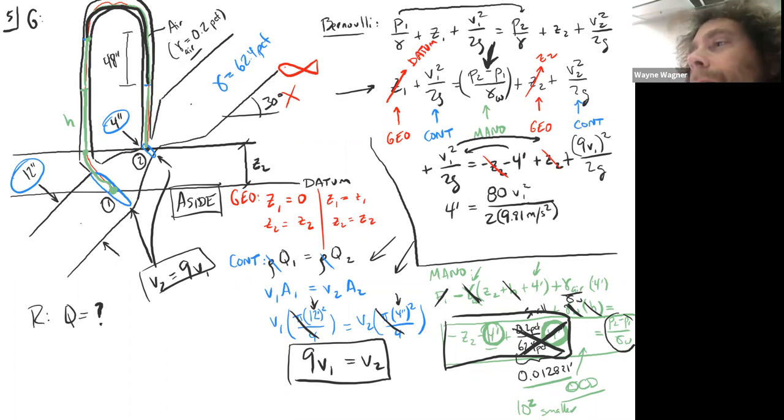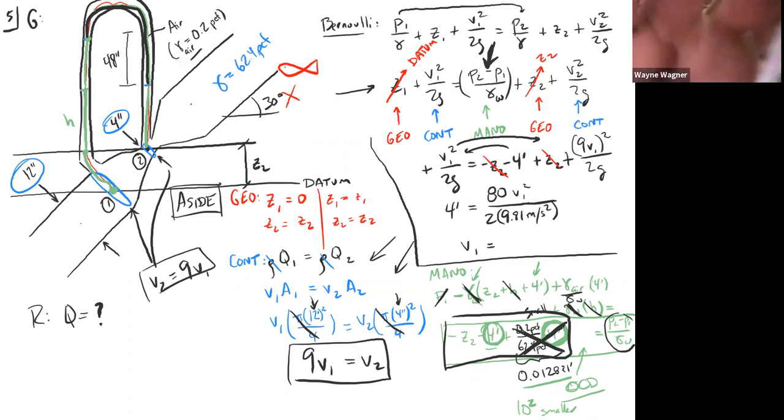Okay, so that is very solvable. I'm going to take that squared off of there. Okay, and let's see if we can solve that. 4 times 2 times 9.81, divided by 80, it's about 1. Take the square root of that, it's going to be about 1 meter per second.